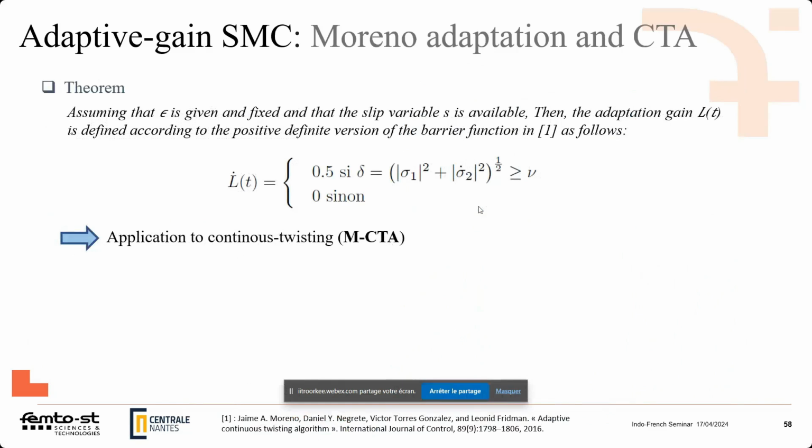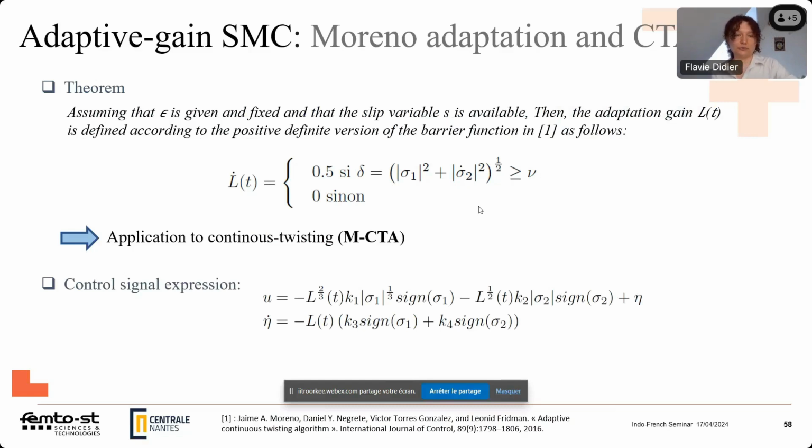Now for the Moreno adaptation, here is the expression, and this time we use it with the continuous twisting, so we call it MCTA, and here is the control signal expression with the controller parameters.